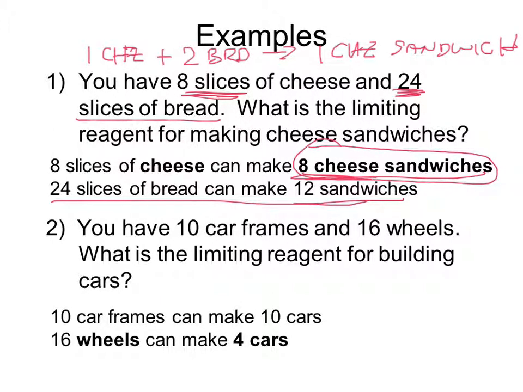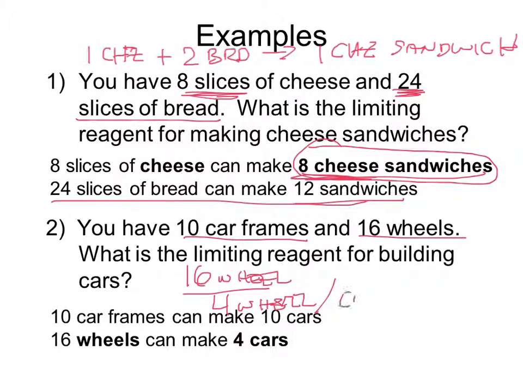Our second example looks at car frames. We have 10 car frames and 16 wheels. Assuming we need 4 wheels to make a car, 16 wheels gives me 4 cars.